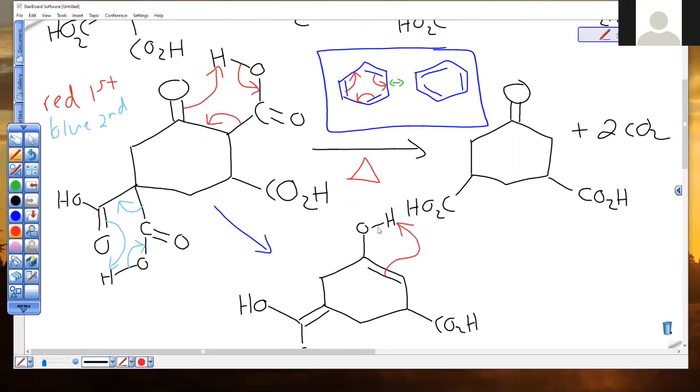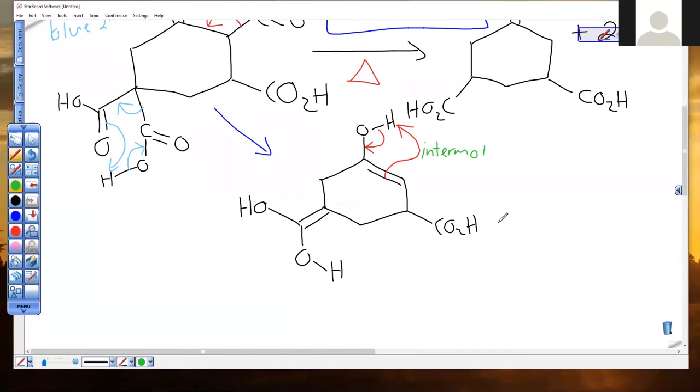Grab H. Sigma becomes pi. Acknowledge the fact that it can't reach by writing intermol on that arrow. Same story down here, light blue. Write intermol on that arrow.